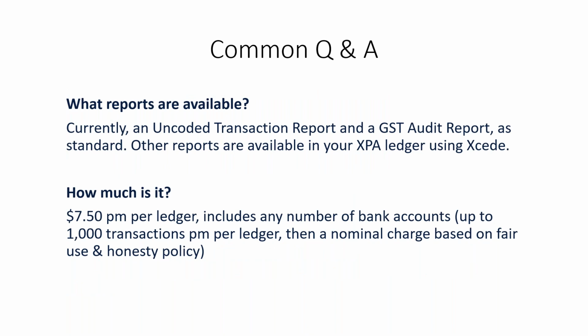So as I said, the reports that are available are that coding transaction report that you can send to your client, and there's also a GST audit report if you do want to work out the GST purely based on bank data. Obviously you've got all of the other reports available to you within your XPA ledger.